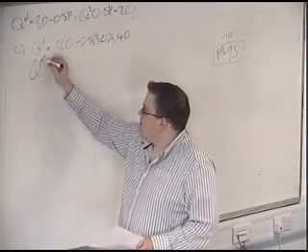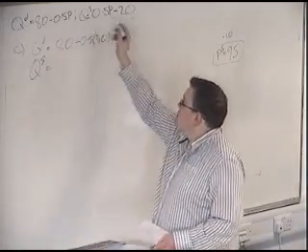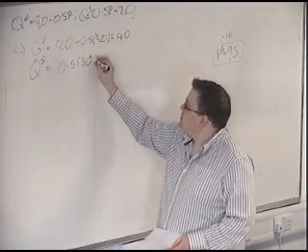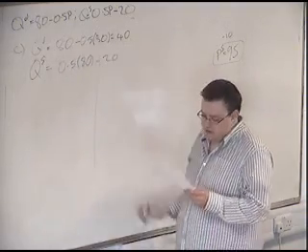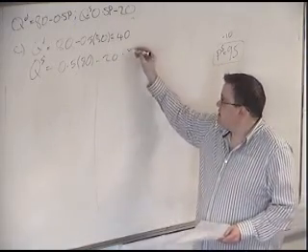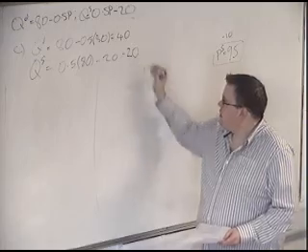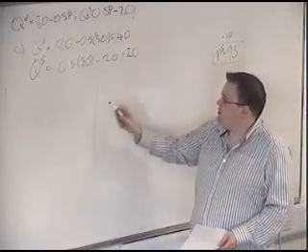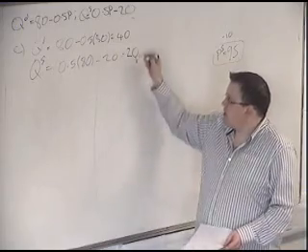What's being sold or supplied? Well, at a price of 80, suppliers are willing to sell a half of the price minus 20, which should give us 20. So half of 80 is 40, minus 20 is 20. Okay, so at this price, people want 40, but firms are only willing to supply 20.